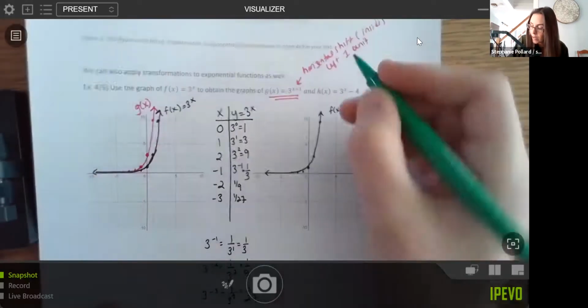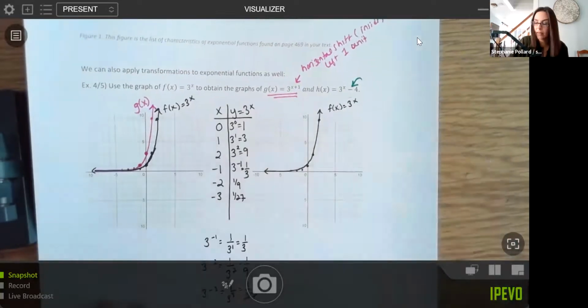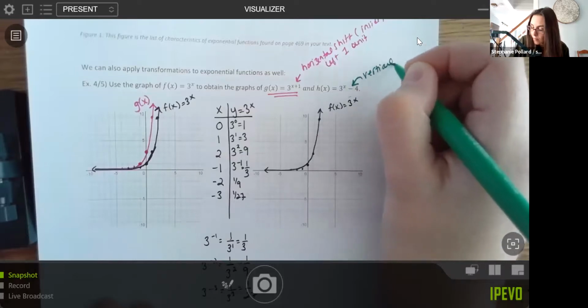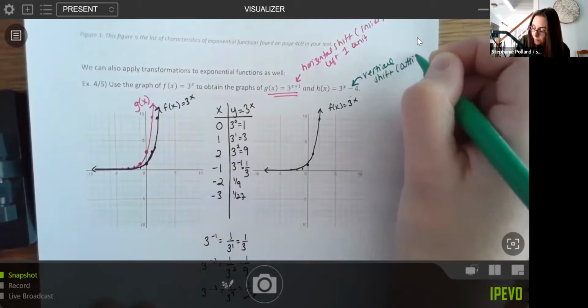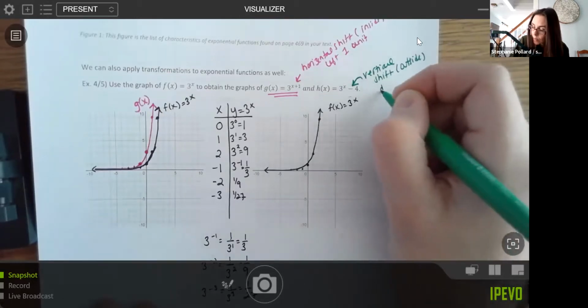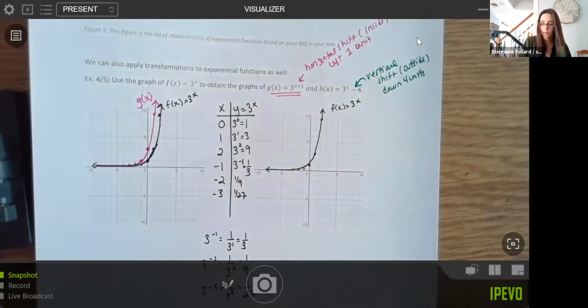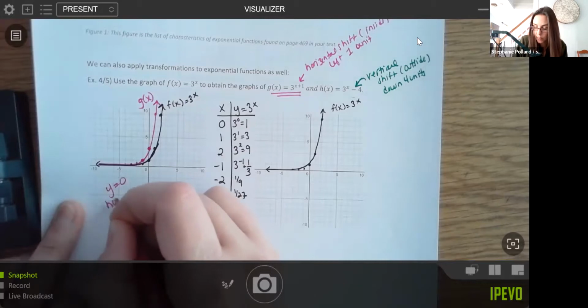For this one here, I see a subtraction. This is outside the original function, just kind of hanging out on the end there. So you have a vertical shift in this case. It's an outside change. And if it's a -4, we're going to go down 4 units. So actually, I'm going to make a note here that you still have y = 0 as a horizontal asymptote.